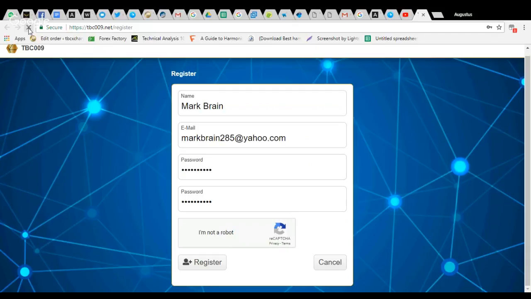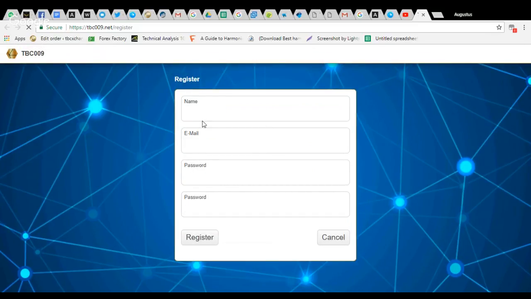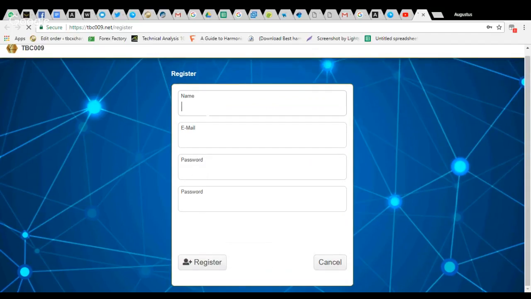Okay, it's back. So I think I have to input my password, and that has to be done correctly. Okay, so you have to put the same password again to confirm you have done the right thing.